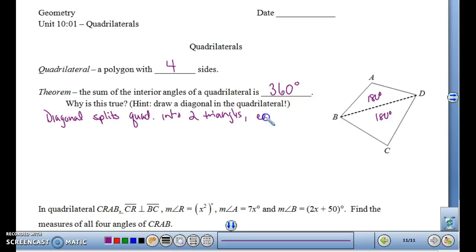So each is 180 degrees. So that means 180 plus 180 is equal to 360 degrees. Any quadrilateral can be split into two triangles, so the sum of the angles will add up to be 360 degrees.